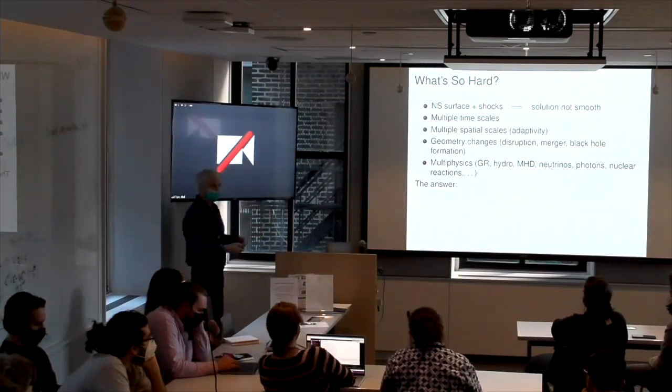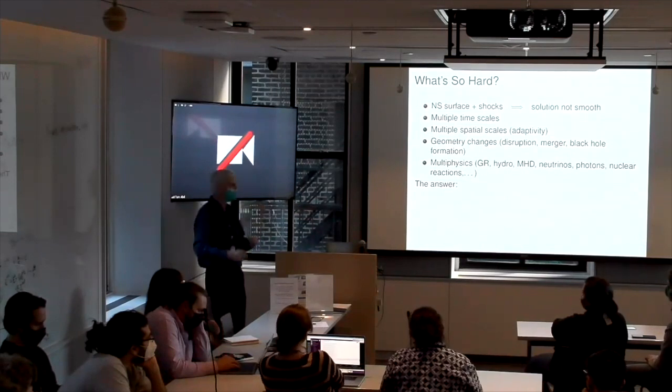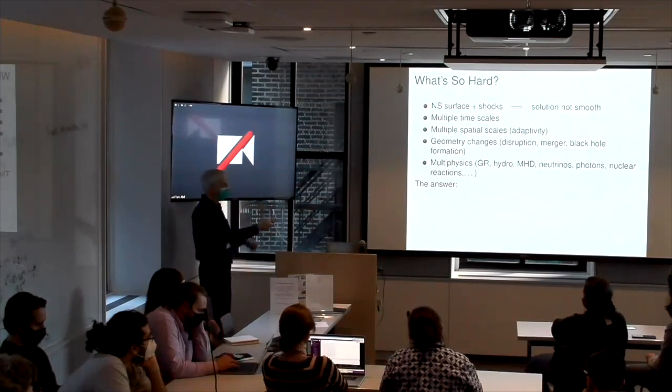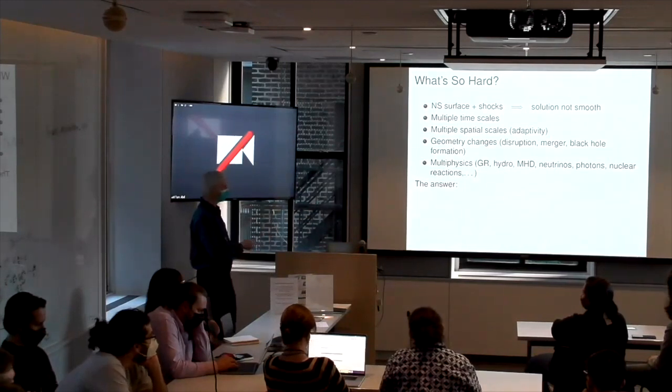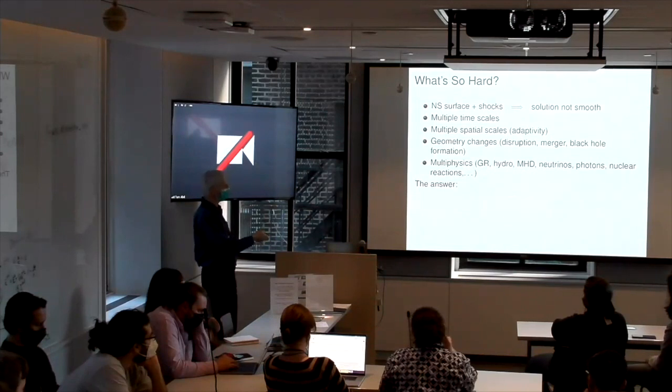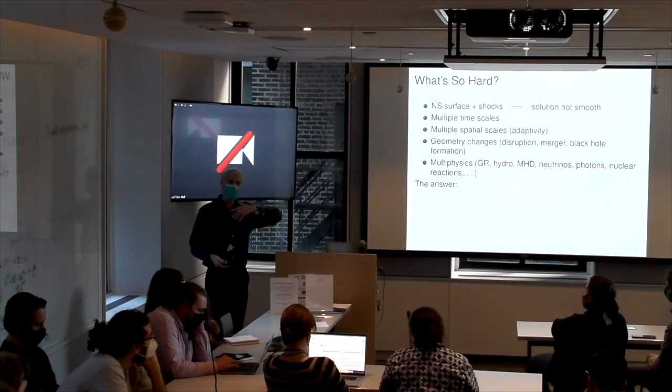There's a merger. You started with two objects, you end with one. Maybe you form a black hole out of a collapsing remnant. And then, of course, there's multi-physics. Now you want general relativity, hydrodynamics, MHD, neutrinos, photons, nuclear reactions. We're insatiable in our greed to add physics.